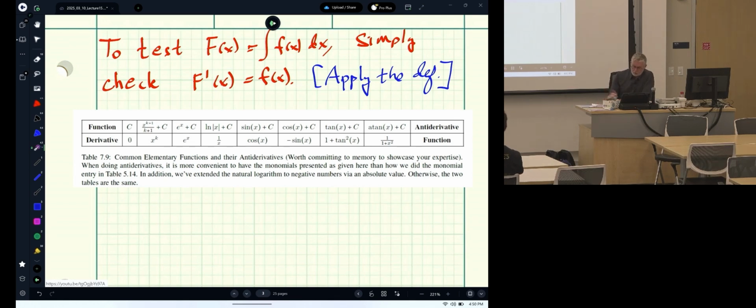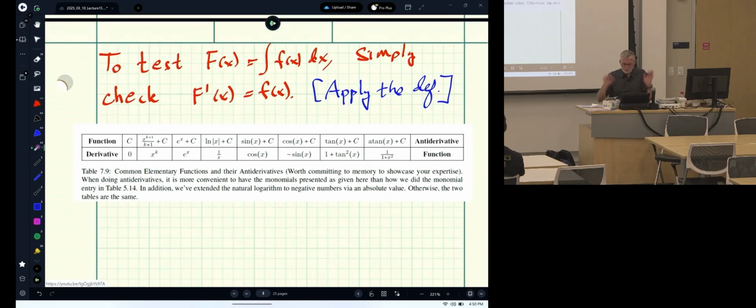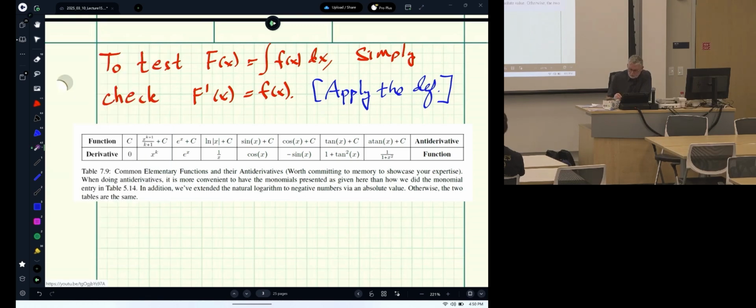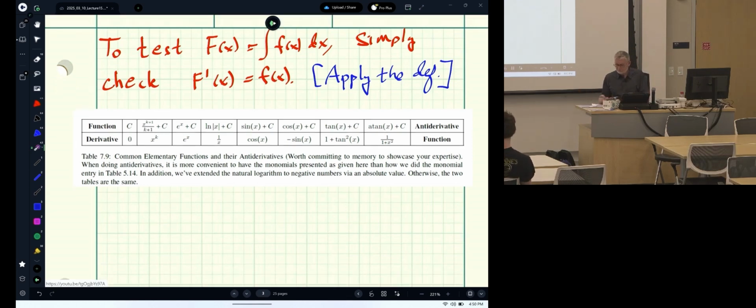If you have it memorized as the derivative of tangent is secant squared, that's the same thing. It's up to you. I always use 1 plus tangent squared. So that's the relationship between functions and antiderivatives. If you want to check if tangent is an antiderivative of 1 plus tangent squared, you simply differentiate tangent, produce 1 plus tangent squared with the quotient rule, and you are done. That's how it is.